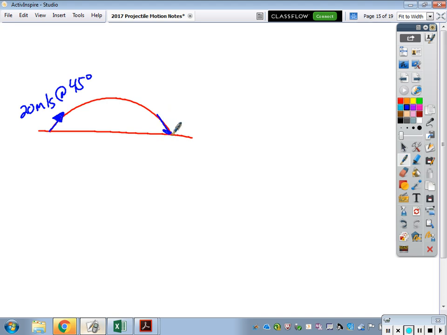Shouldn't it be 20 meters per second at 45 degrees? Now we would change the above or below because it is a velocity.